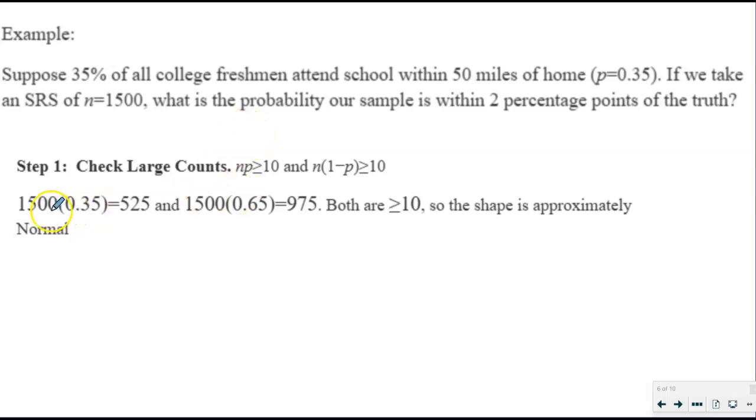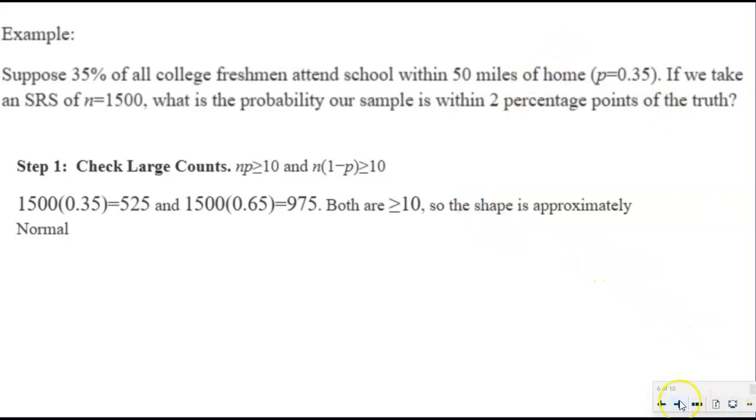We took 1,500 times 0.35 and got 525. We took 1,500 times 0.65 and found 975. Both of those are greater than 10, so we can use normal calculations.